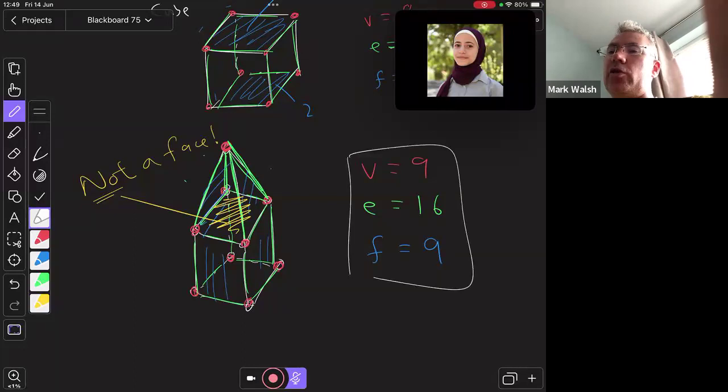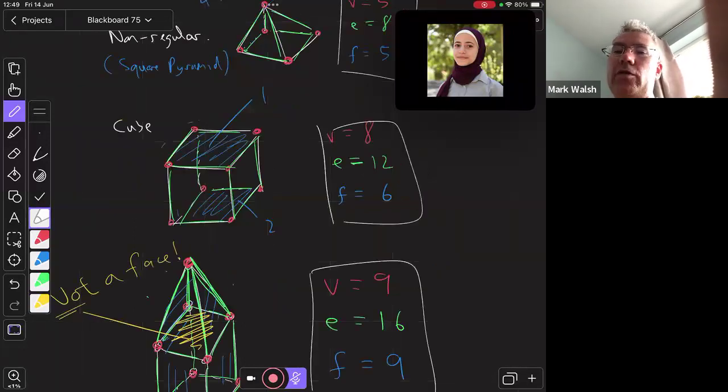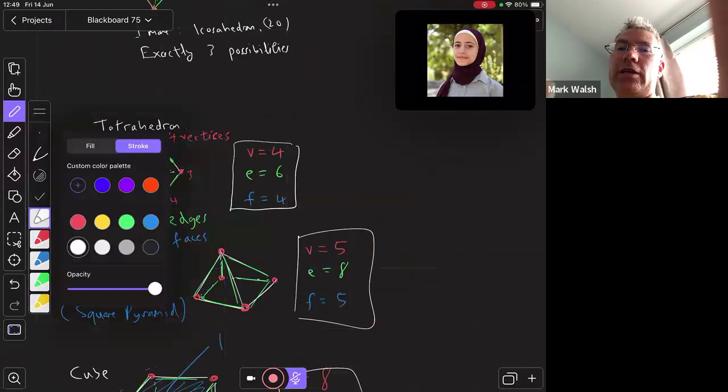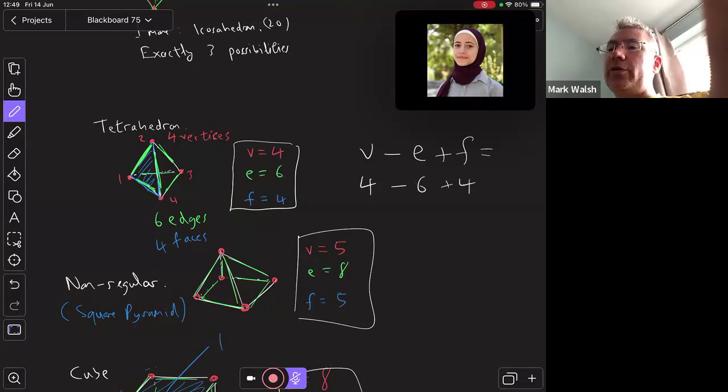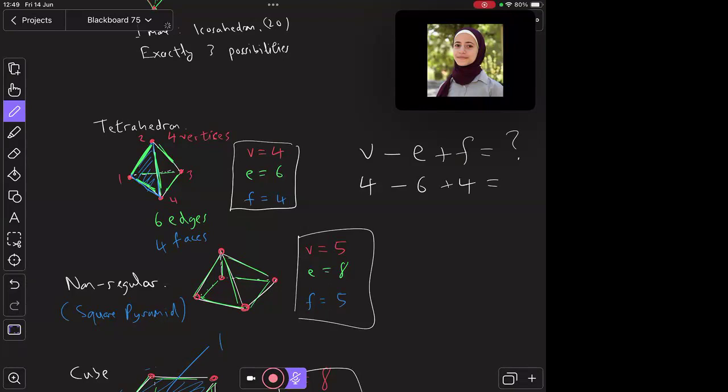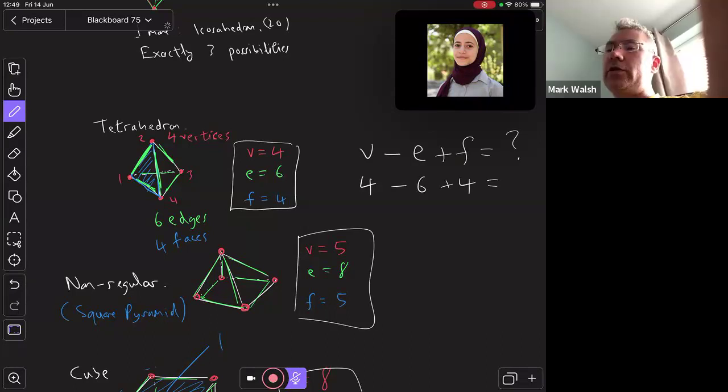Now let's go back and observe something on all of these. If you look at the number V, minus the number E, and then add the number F, what do you get? So in this case, it's 4 minus 6 plus 4. What number is that? 4 and 4 is 8, minus 6 is 2.